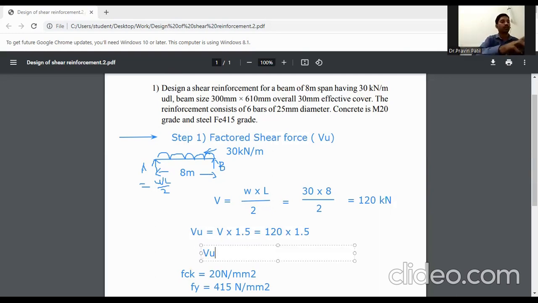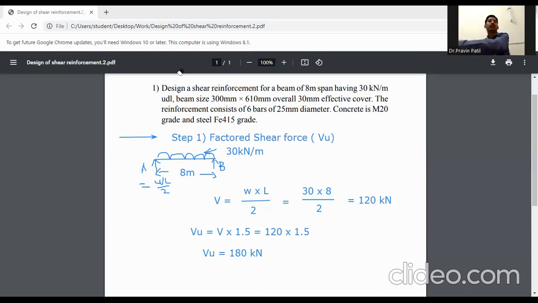So VU is equal to 120 into 1.5. It will be 180 kilonewton. So factored shear is 180 kilonewton. So I will note down this value also. VU is equal to 180 kilonewton.